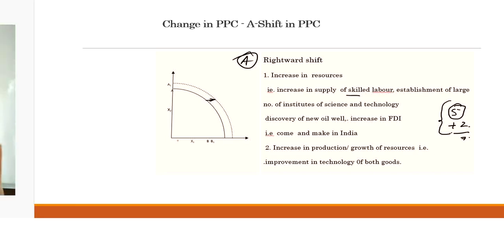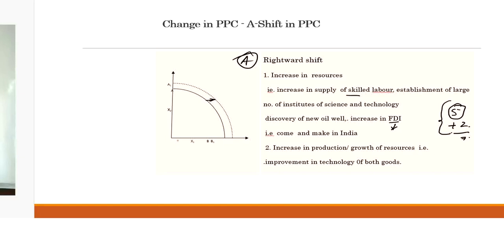We are inviting foreigners to set up their plants, to invest money in India and to produce here. So when foreign investment comes in India, our monetary, financial resources will increase. So production will increase. That's why all these examples indicate increase in resources.